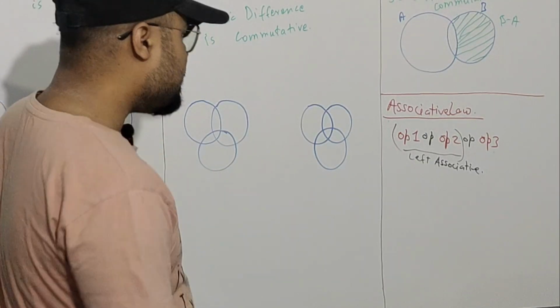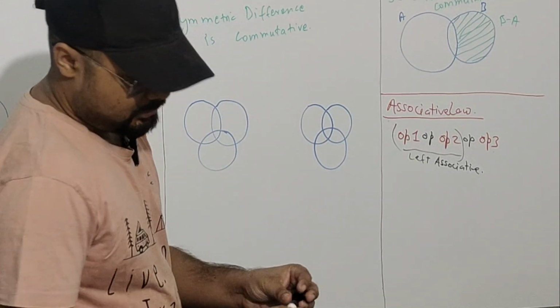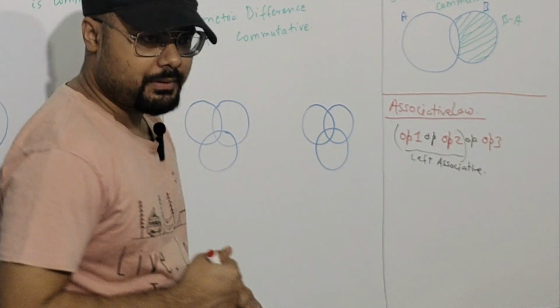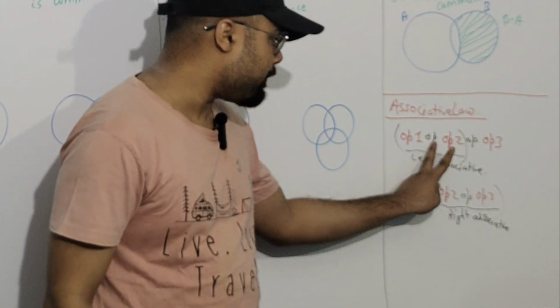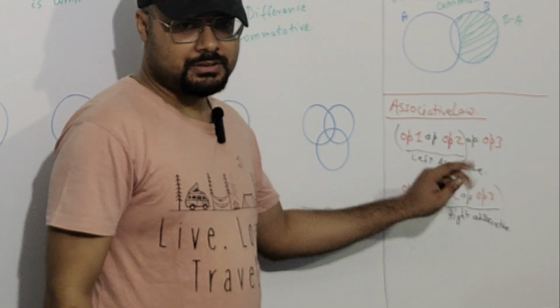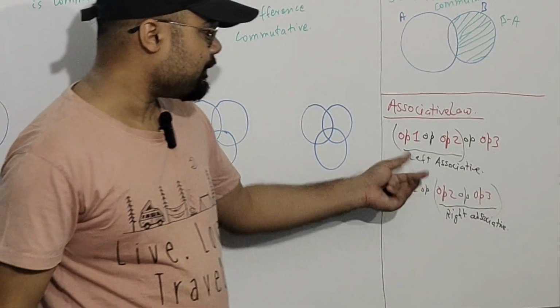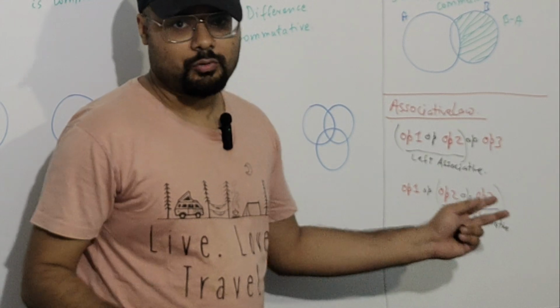Another possible way to perform this operation when you have three operands and a binary operator is right associative. We say that the operation op is associative if the result because of left associative and the result because of right associative are equal.